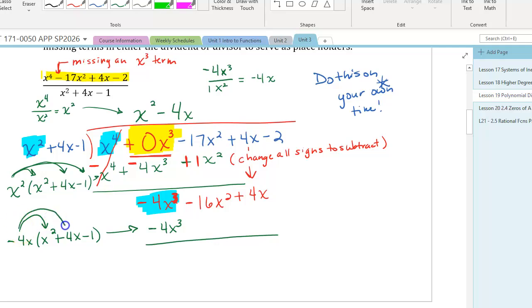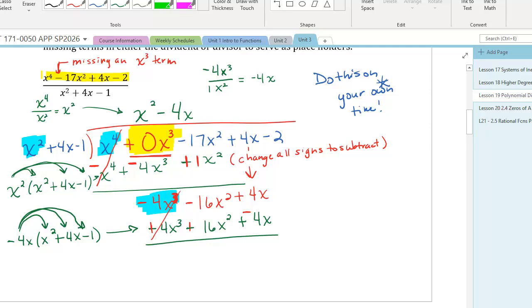And then negative 4x times positive 4x is going to give me negative 16x squared. And then negative 4x times negative 1 is going to give me positive 4x. So then I'm going to change all the signs to subtract. So this becomes positive, this becomes positive, and this becomes negative.